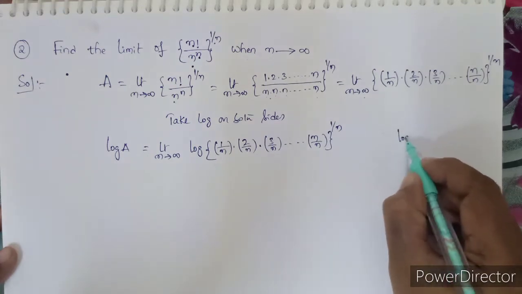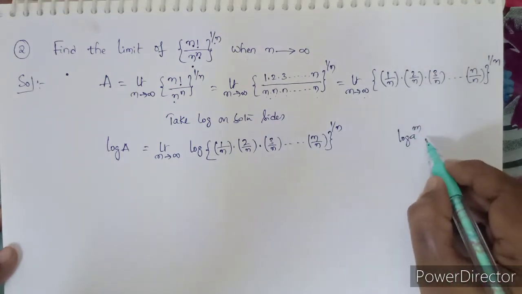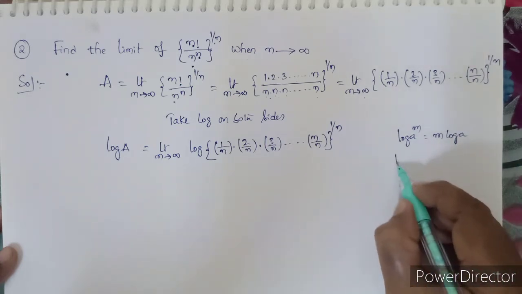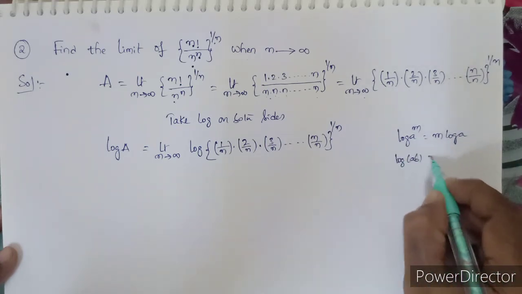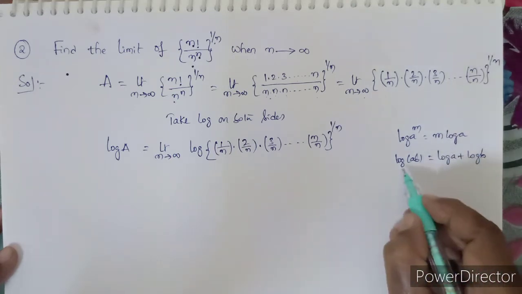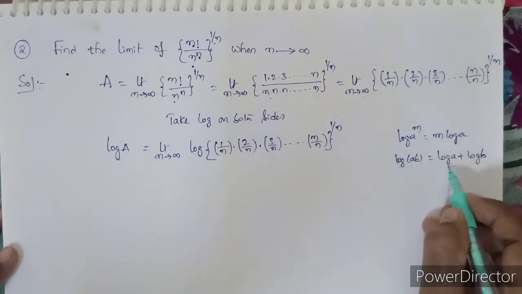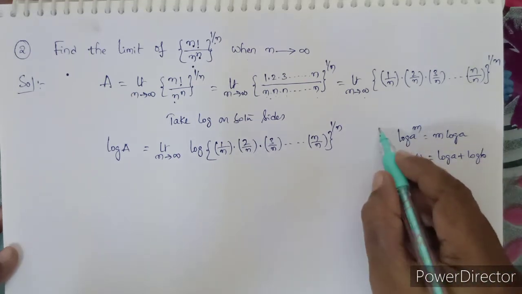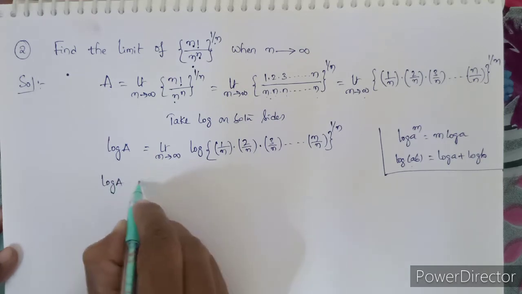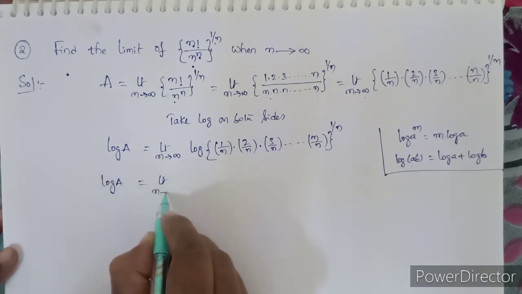Already we know log of a power m is equal to m into log a, and we also know log of a into b is equal to log a plus log b. Similarly, log of a into b into c is equal to log a plus log b plus log c. So using these two, we convert this limit n tends to infinity.